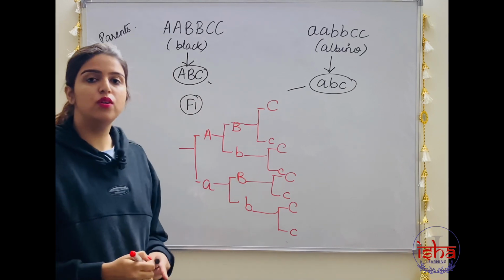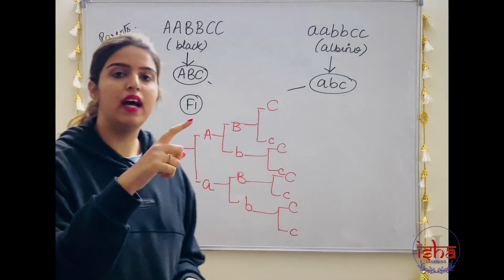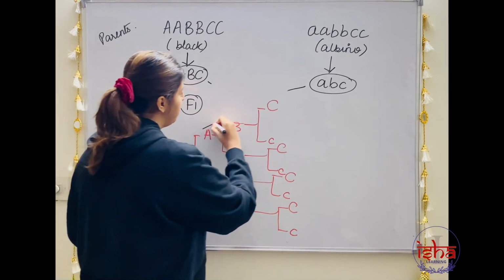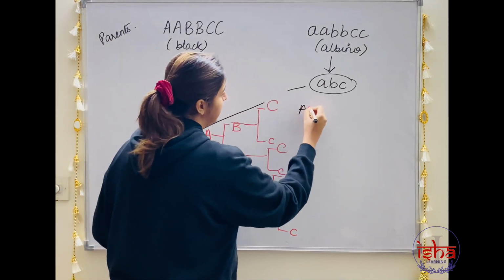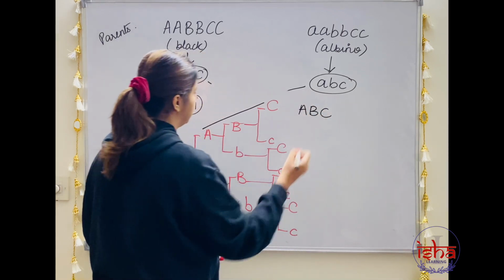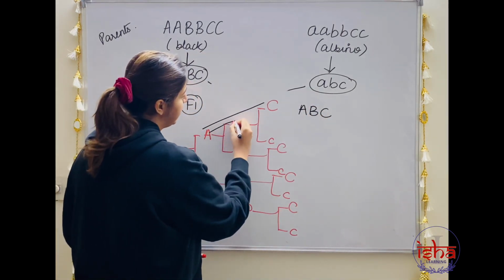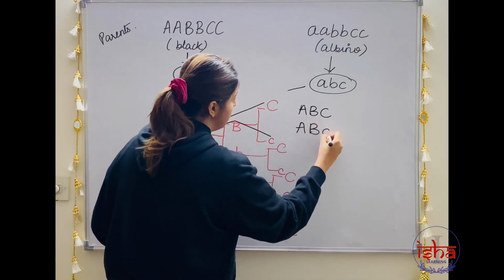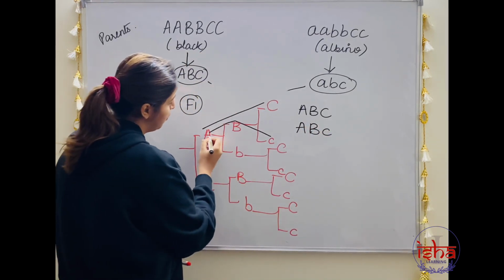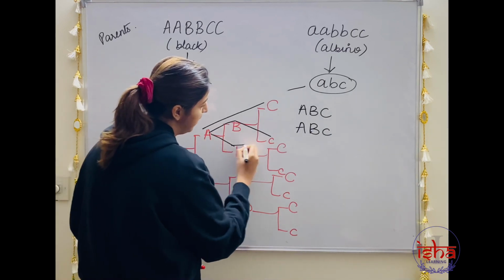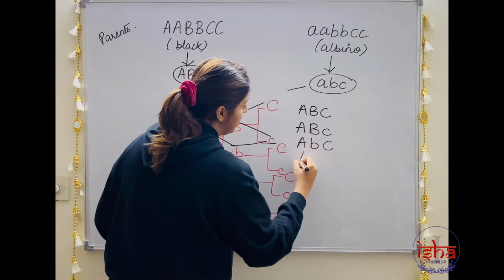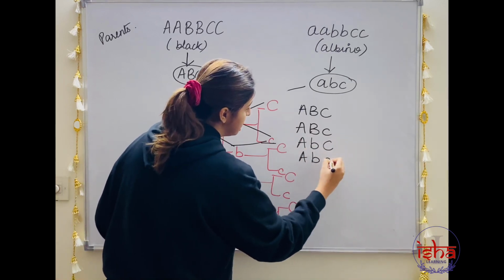So now what I'll do is simply draw lines and write down the genotype. Let's see. So first would be capital A, capital B, capital C. Second would be capital A, capital B but small c and so on. I'll show you one more, capital A, small b and capital C. Capital A, small b and small c.